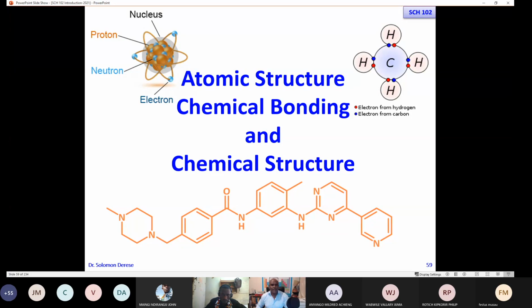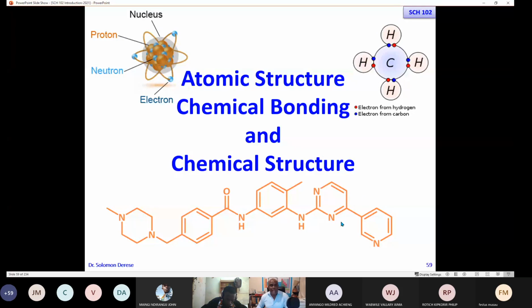For example, the chemical structure you see on the board at the bottom is the anti-cancer drug Gleevec, which we have talked about. If you replace some of the groups on this molecule with something else, it will no more be an anti-cancer drug.